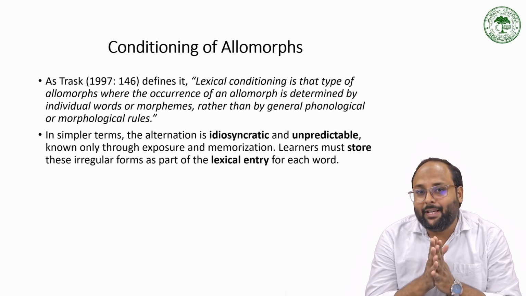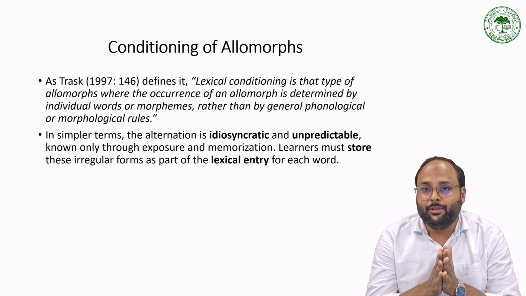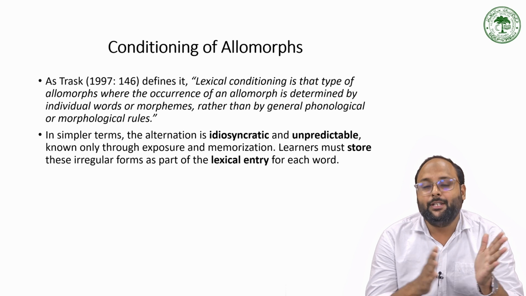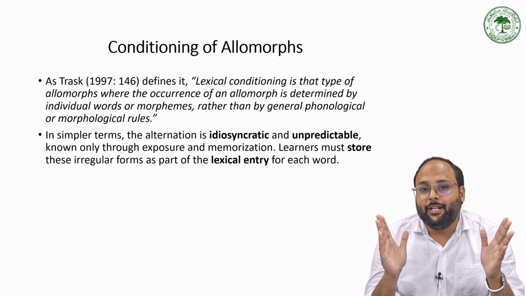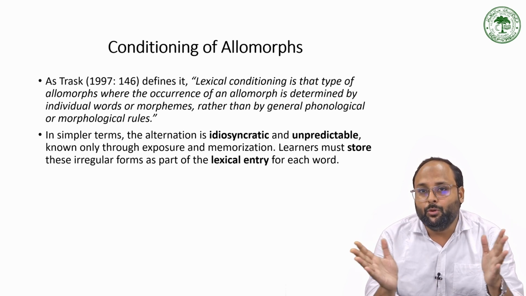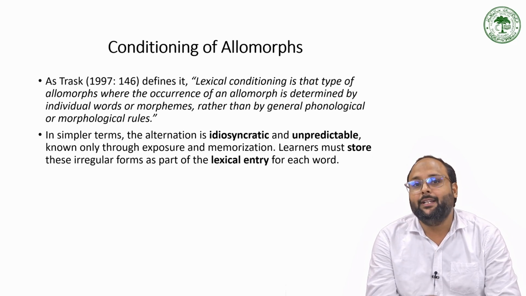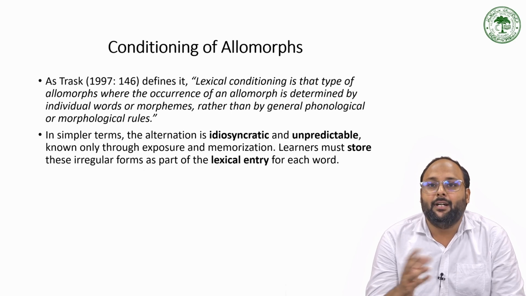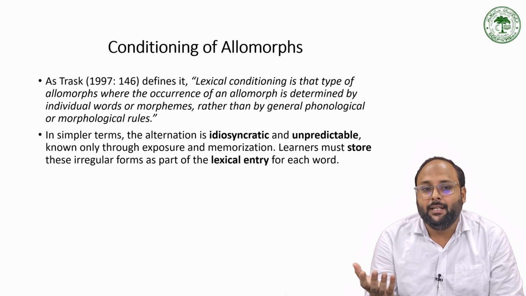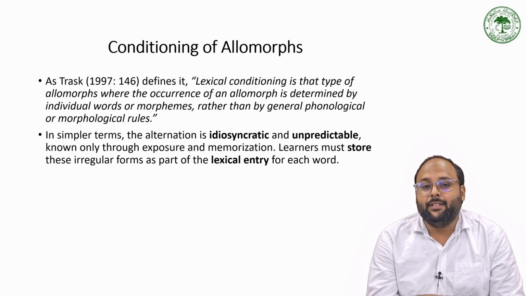So when you have an alternation due to phonology or morphology, it is called phonological conditioning or morphological conditioning. But in lexical conditioning, there is no requirement and no influence by any sound or any other grammatical category, but it is the individual occurrence of the word, or we can say the specific quality of the word, or the irregularity in the word.